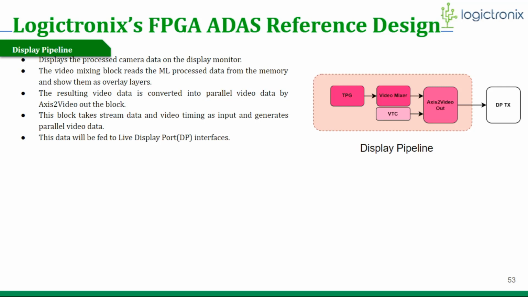The resulting video data is converted into parallel data by the AXI4-Stream to Video Out IP block. This block takes the stream data and video timing as input and generates parallel video data. This data will be fed to the live display interface, that is, the live DisplayPort, which is termed the DP interface.